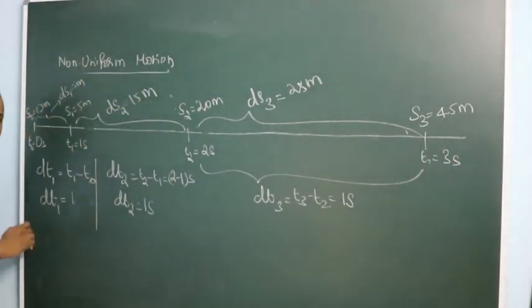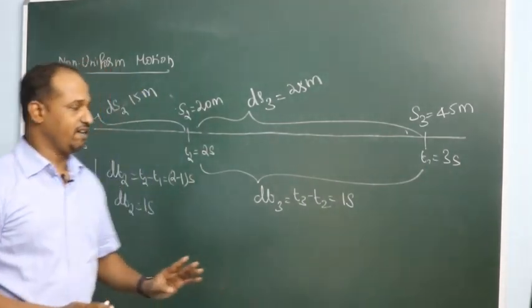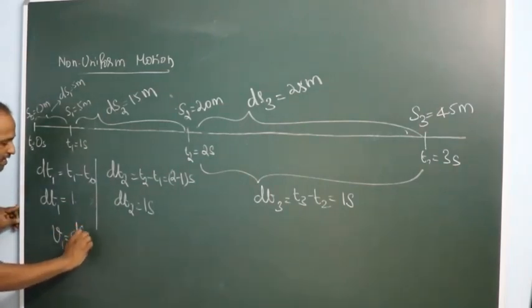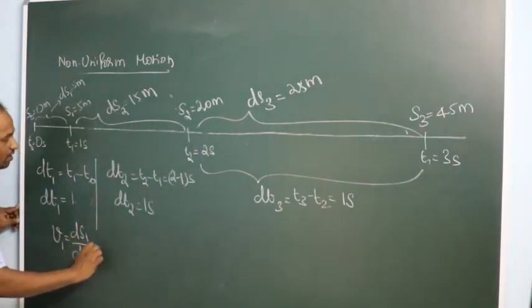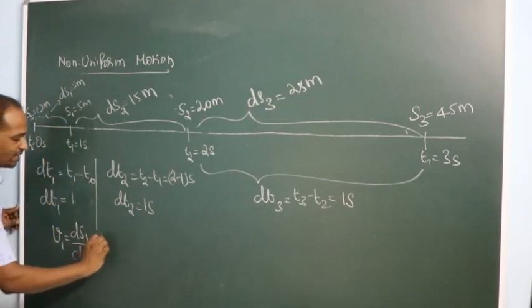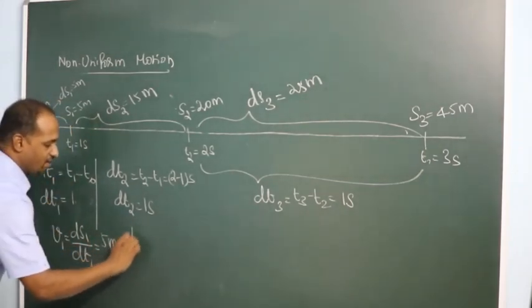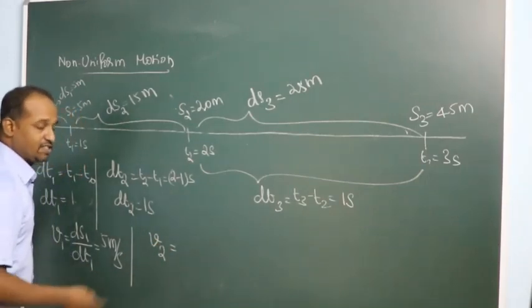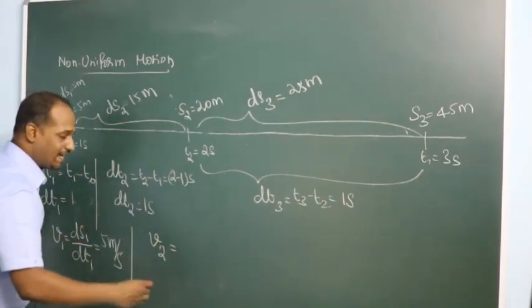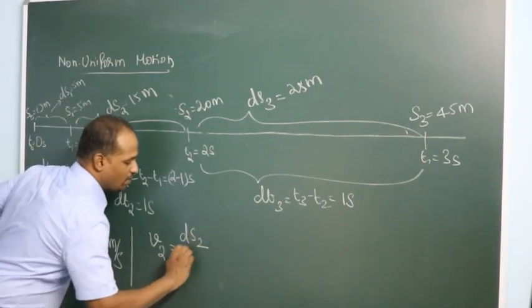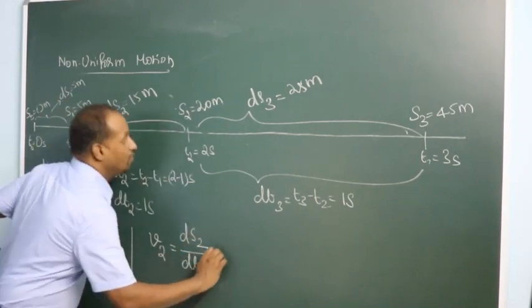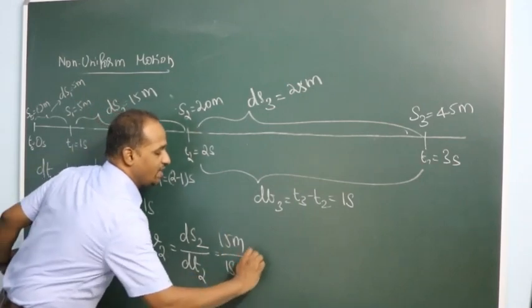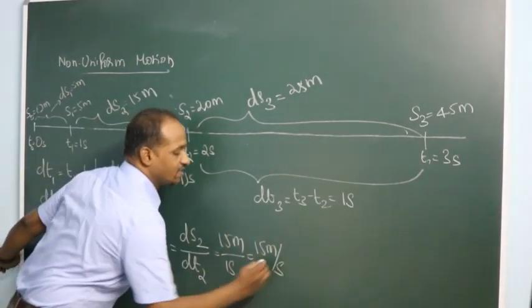Now, what is the velocity in the first second? Instantaneous velocity in the first second, v1, is ds1 by dt1, 5 meters by 1 second, which is 5 meter per second. What is v2, the instantaneous velocity in the second second? ds2 by dt2, which is 15 meters by 1 second, is 15 meter per second.